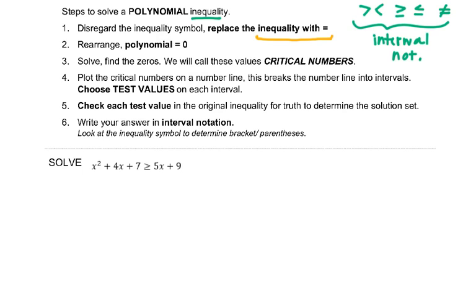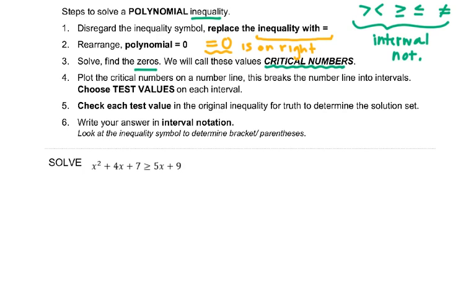It's important that 0 is on the right, so the expression is isolated on the left in relation to 0. Once we do that, we can solve that equation and find the zeros, and these are what we call critical numbers.